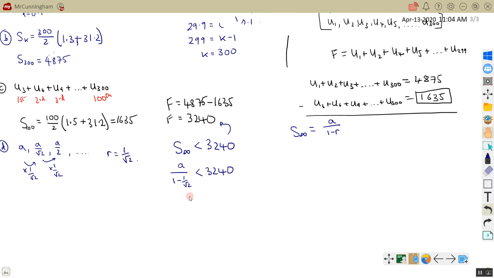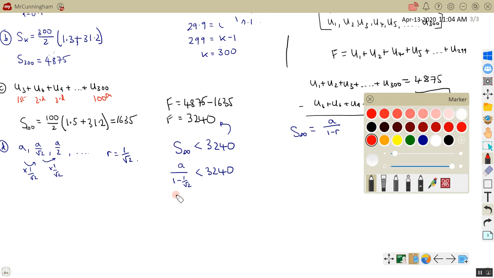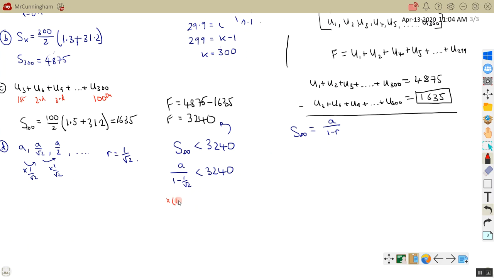So let's solve this for a. What I'm going to do is multiply both sides by 1 minus 1 over root 2.